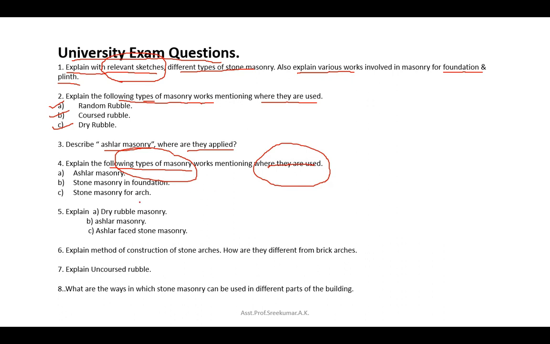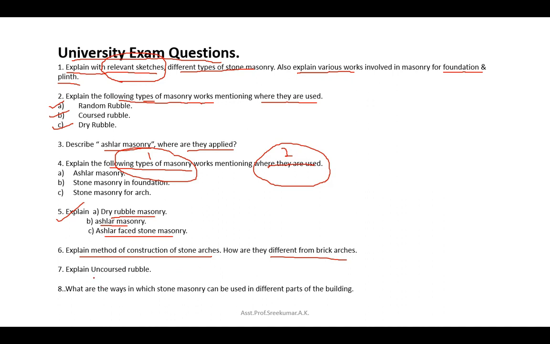So there are two parts in the questions. Now coming to the fifth question, explain dry rubble masonry, ashlar stone face masonry, and again the types of masonry works. Now the sixth question, explain the method of construction of stone arches. How are they different from brick arches?